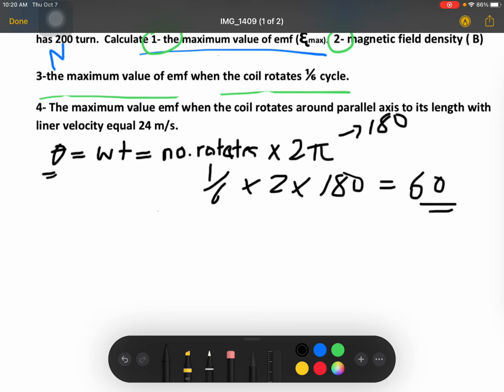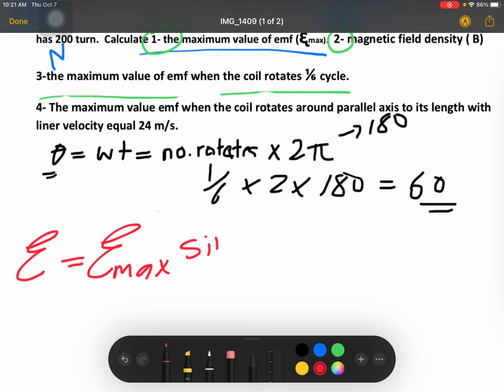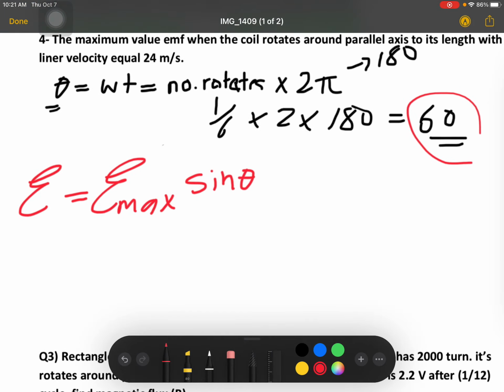We can now use this equation, if you remember it, which said E equals E max times sine theta. Now we have theta is 60, so we just substitute the numbers. E max is 200 root 2 times sine 60.